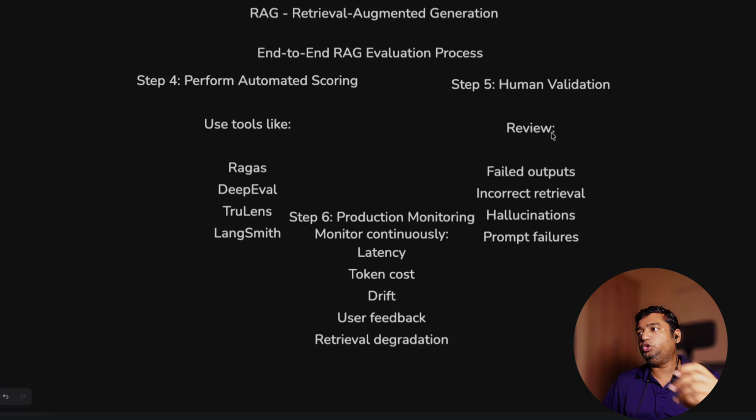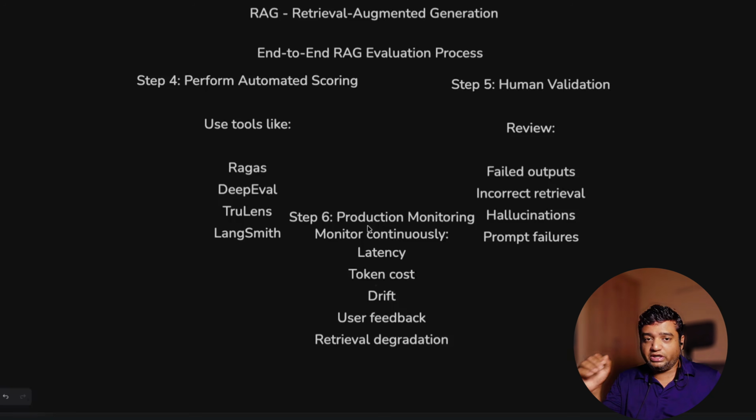You can have human validation also, in which you look at failed outputs and incorrect retrievals. You can look into a few questions and answers, and check for hallucination and prompt failure. Then at the end, you can have a production monitoring system, because you will not be looking into all of this every time.